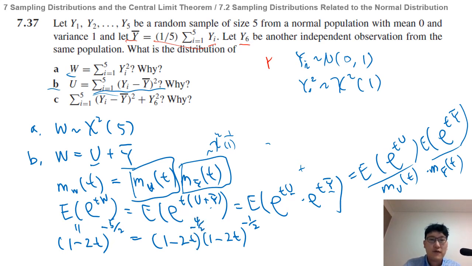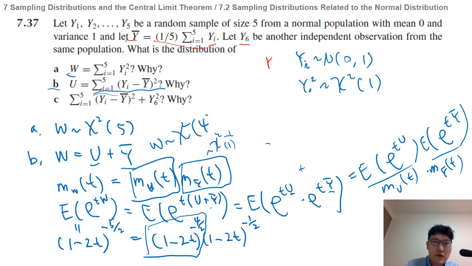So U follows a chi-square distribution with 4 degrees of freedom, because if you know the moment generating function, then you know the distribution. You can also apply the theorem, but anyway, this is how you can prove B.